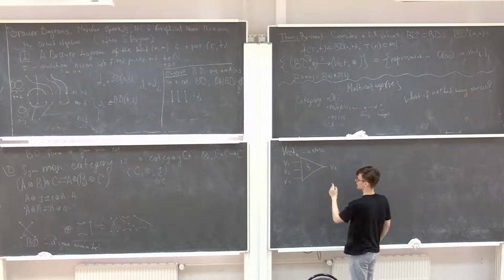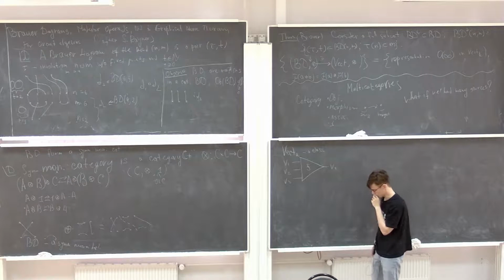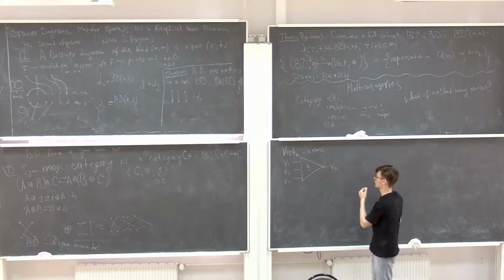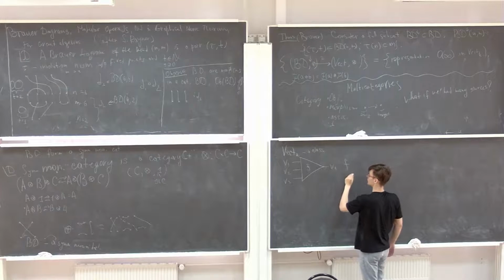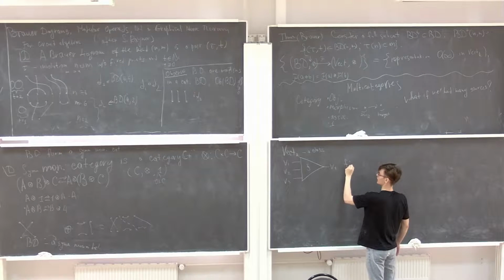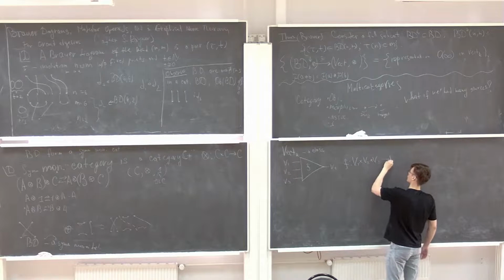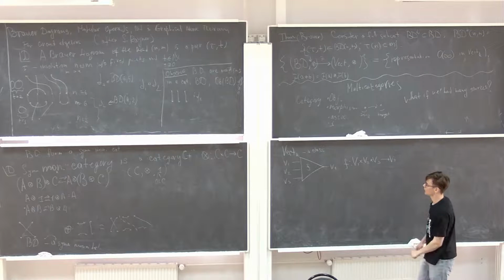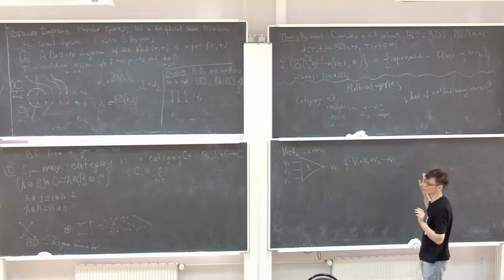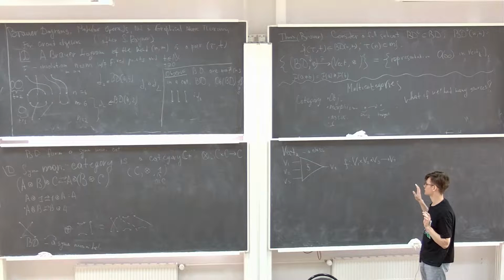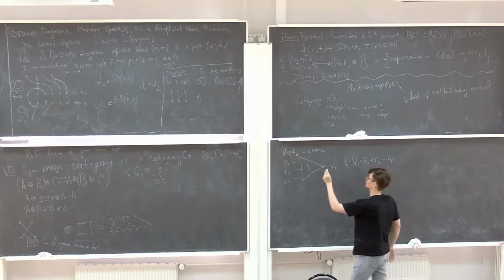By such a triangle, which should resemble some electronics, we denote a multilinear function from the product to V4. I'm just giving an example that's not too rigorous for now.